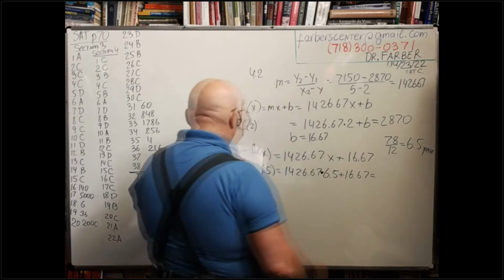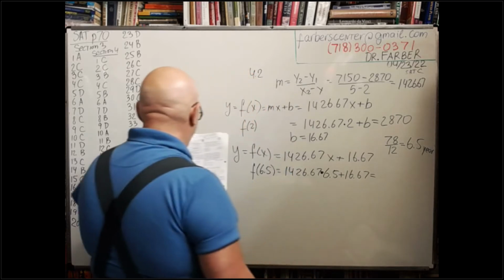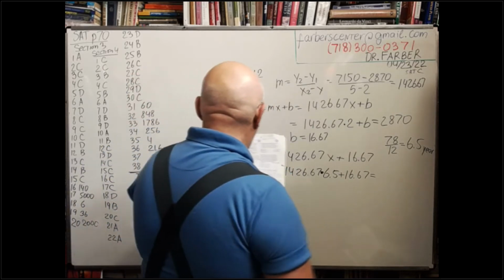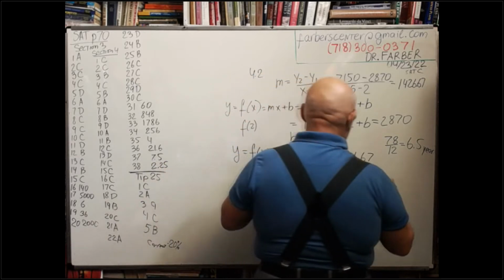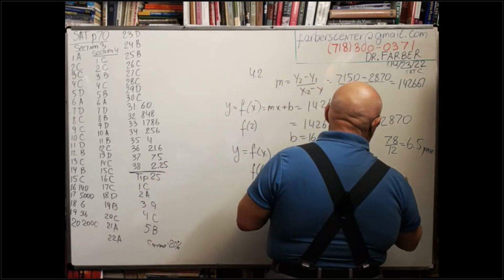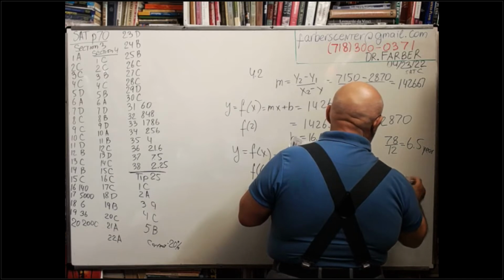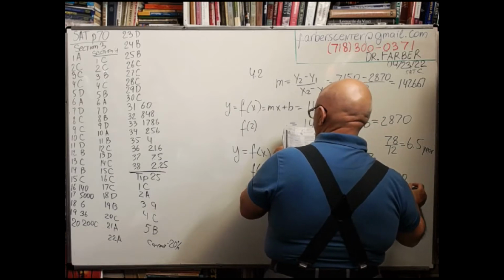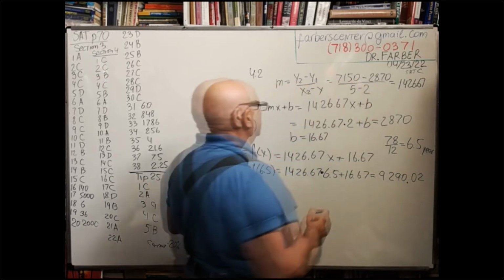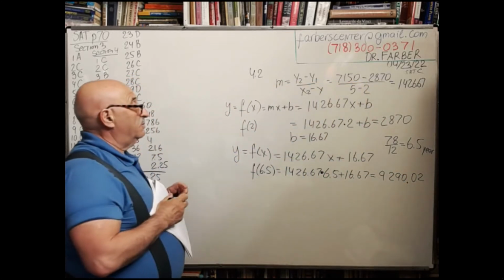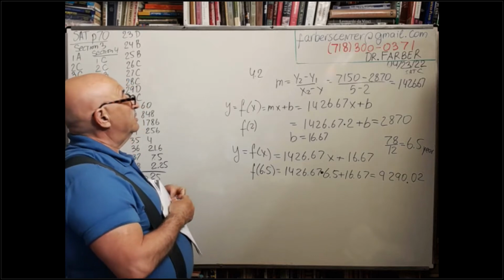Since it's a scientific calculator, when you multiply everything, you get 9,290. Any questions like this, you have to find the equation of the line, and after that you can answer everything.